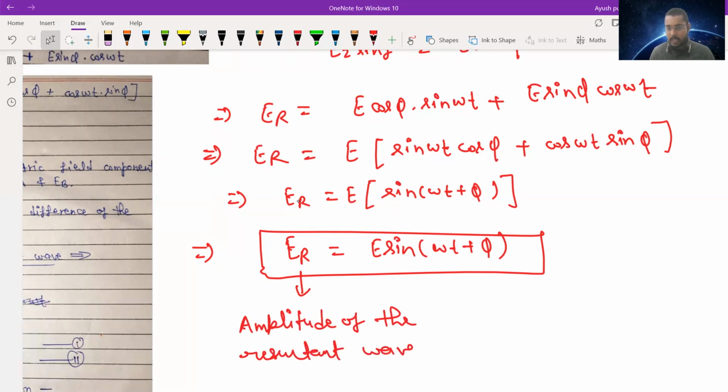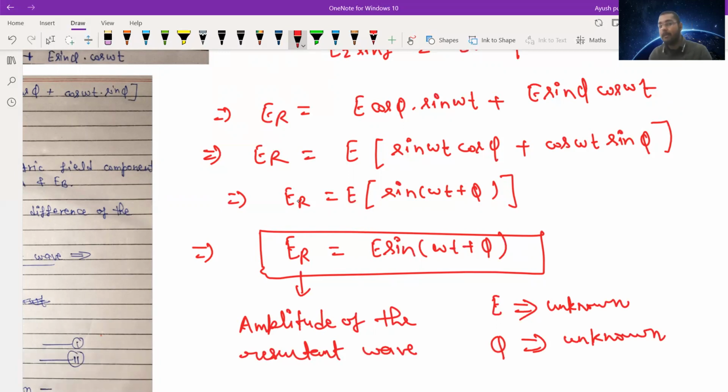But in this equation, two unknowns are present. Which are those two unknowns? One unknown is E. We know E1, we know E2, we know ER, but we don't know what E is. And phi is also unknown, because we don't know the phase of this resultant wave with the original wave.